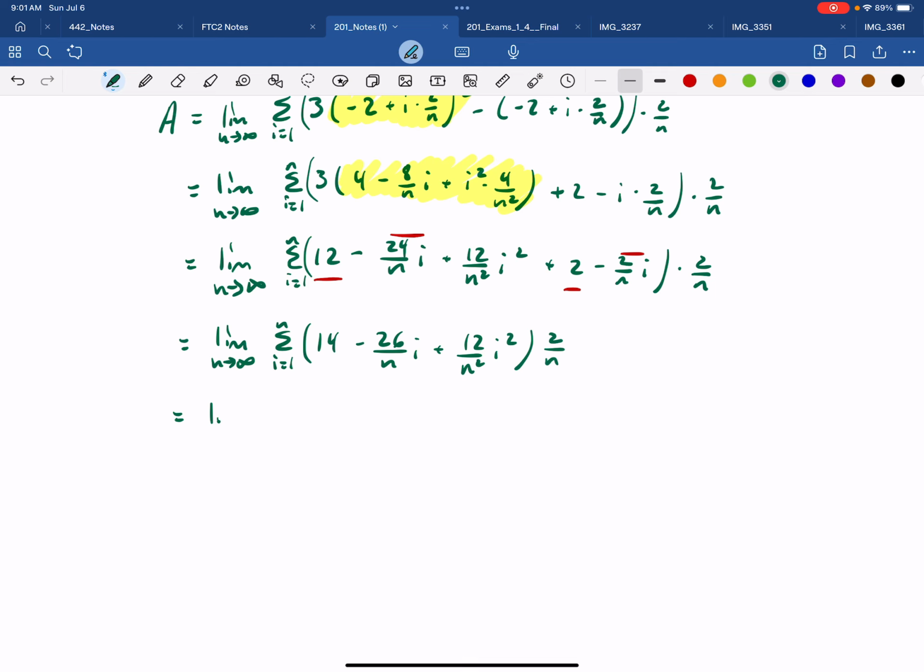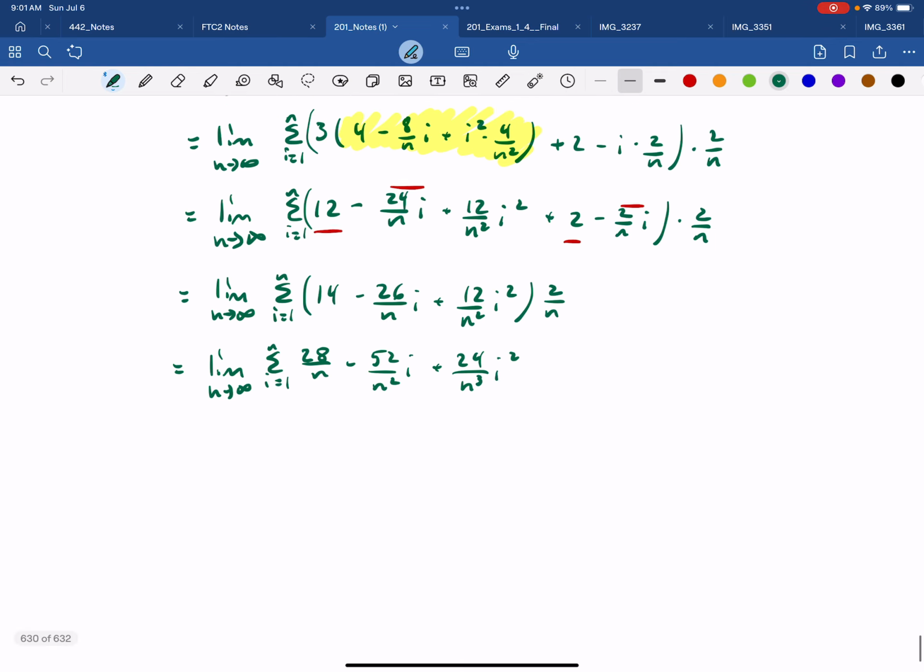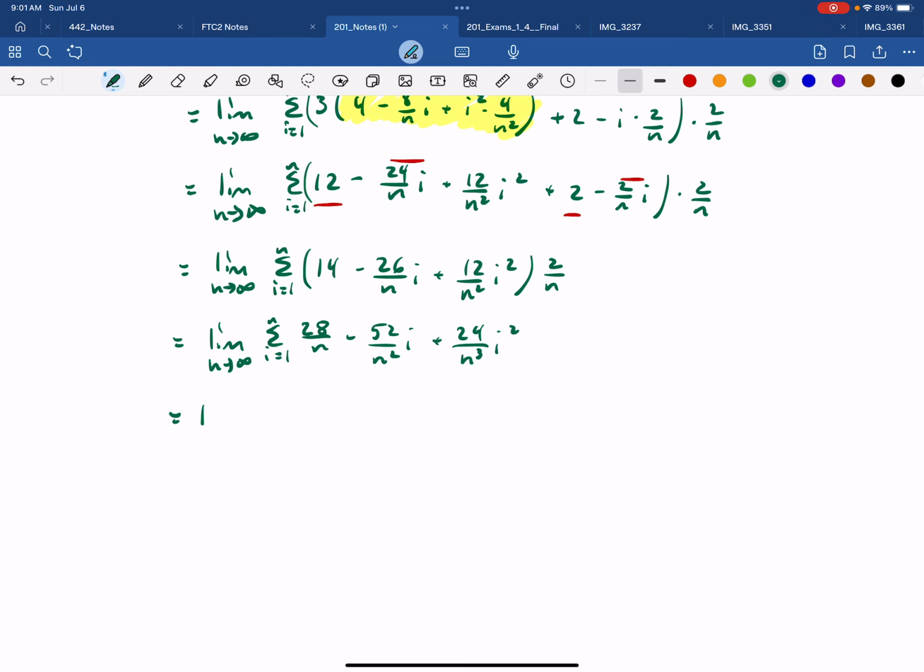And then if we multiply everything by 2 over n, we get, let's see, that's going to be 28 over n minus 52 over n squared i plus 24 over n cubed i squared. And at this point, we can pull this trick.